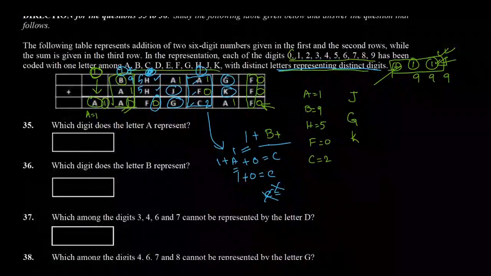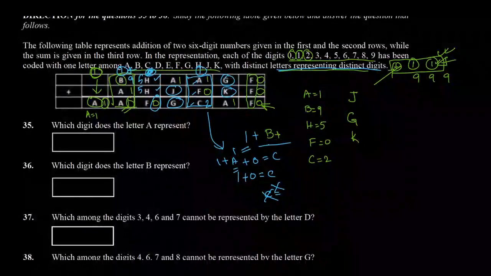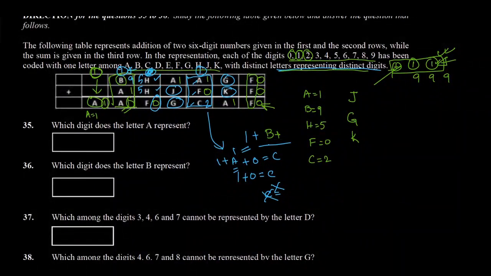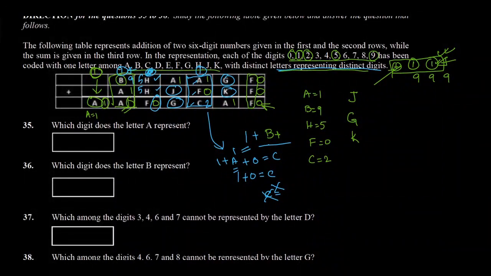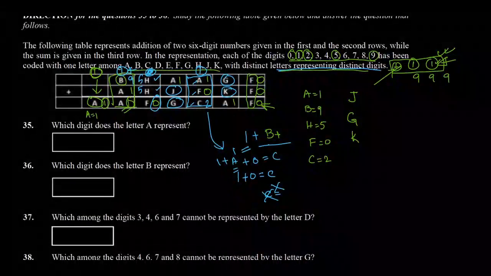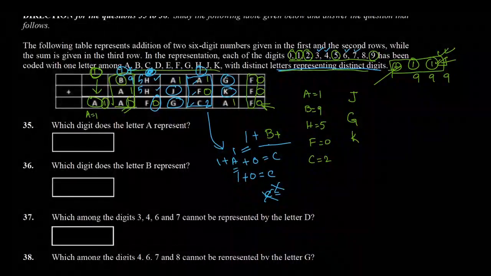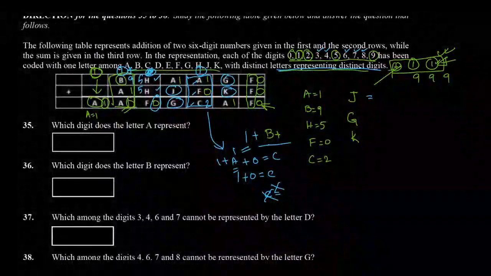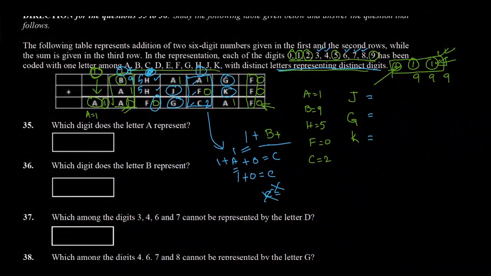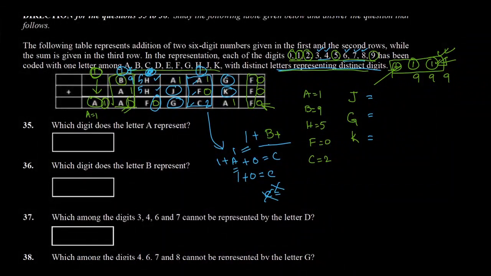So 0 is gone, 1 is gone, 2 is gone, 5 is gone, and 9 is gone. So what we are left with are 3, 4, 6, 7 and 8. So the values of j, g and k can only take values of 3, 4, 6, 7 and 8.